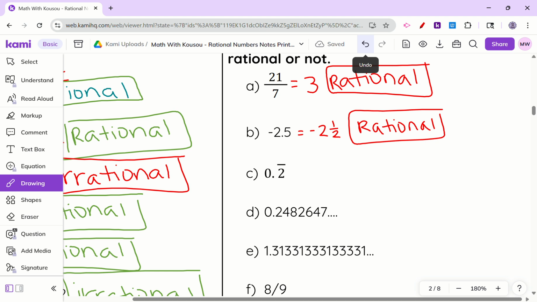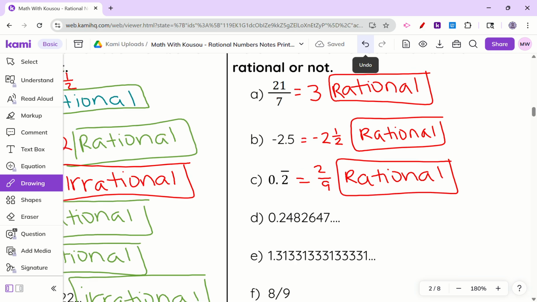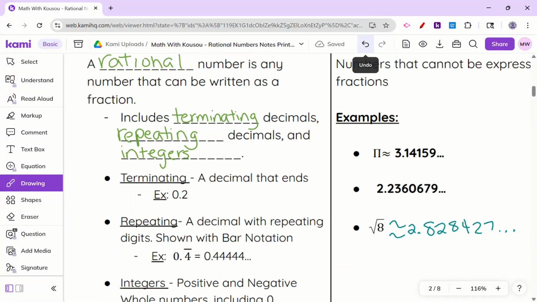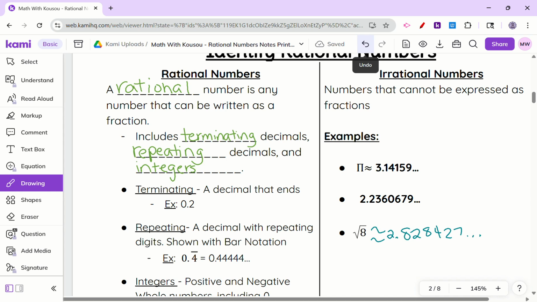Because there is that repeating bar over it, right, this can be turned into a fraction by putting it over 9. So we have 2/9. Therefore, this is rational. Again, going back to our definition here, a rational number includes repeating decimals.